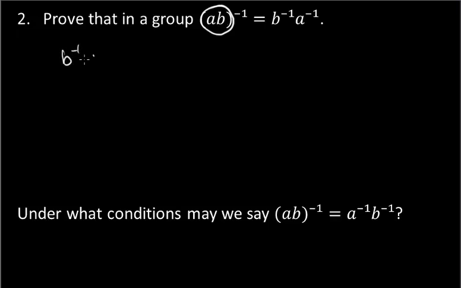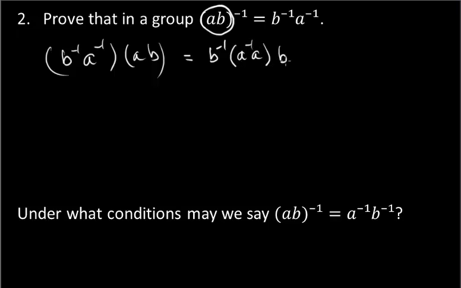So let's take B inverse A inverse and multiply it to AB. And you see that we have the associative property. So that's the same thing as B inverse A, B, by the associative property. A inverse A is the identity. And B inverse B is the identity. You get the identity.